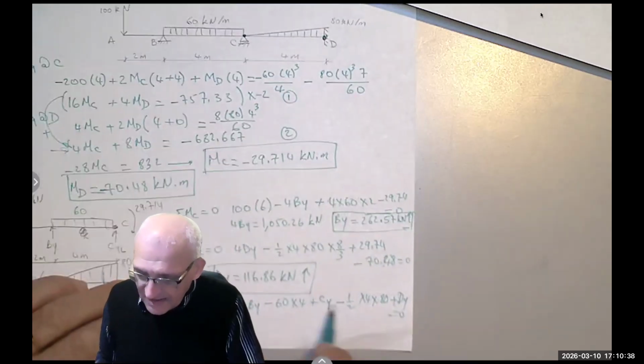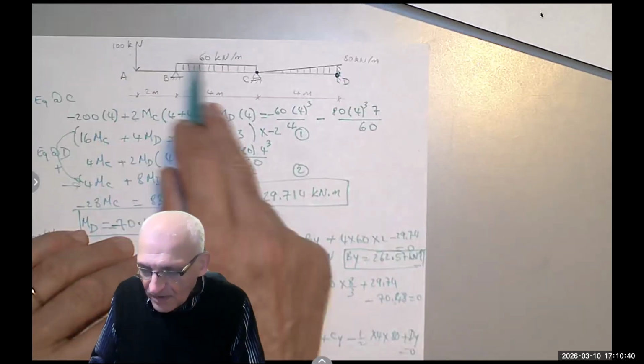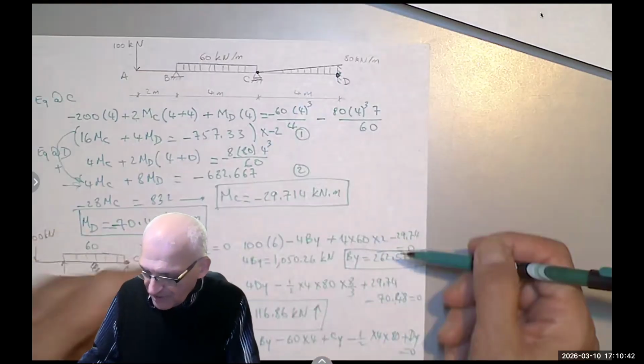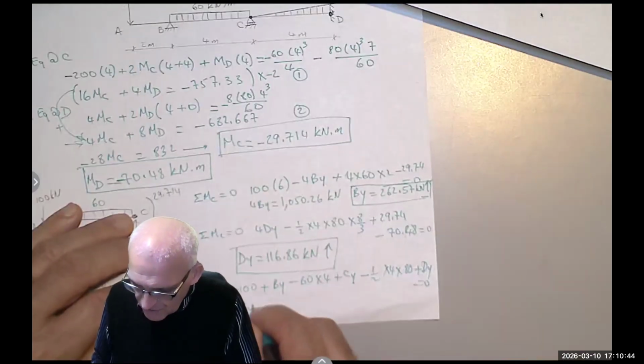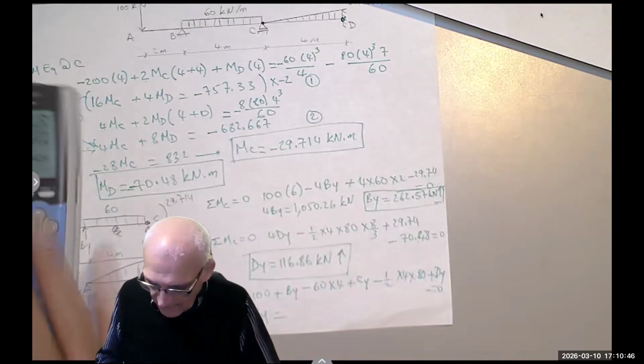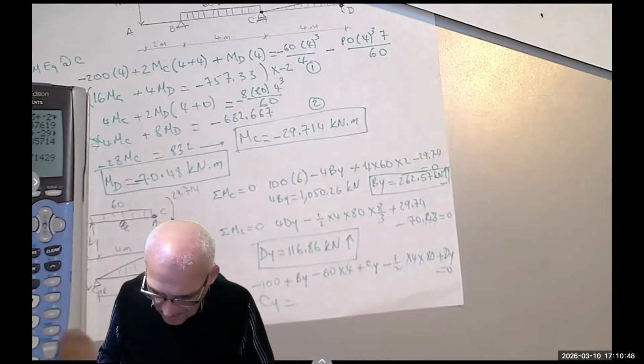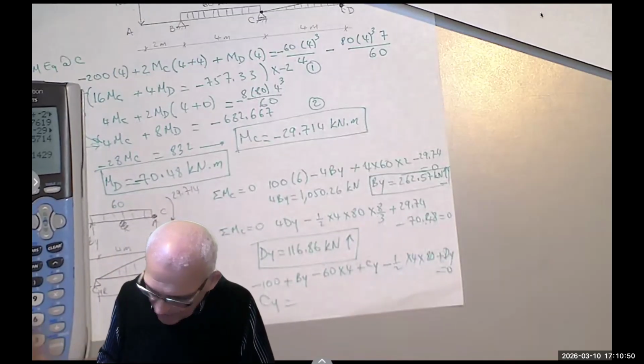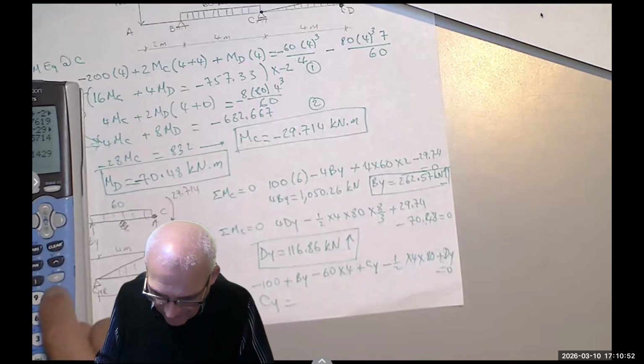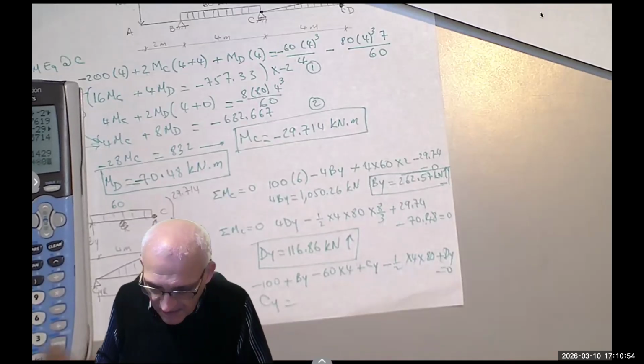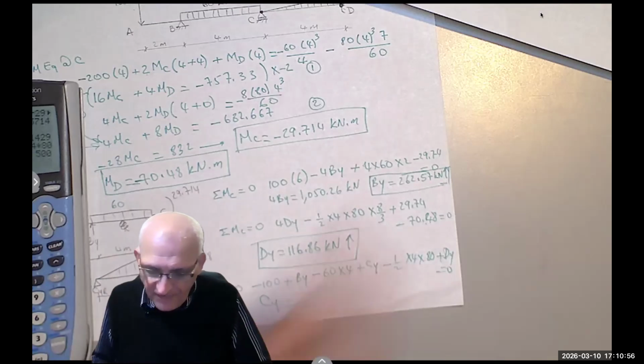So when I calculate cy, I'm going to add all these three and then subtract the reactions, right? So cy would be 100 plus 60 times 4 plus 1/2 4 times 80. And that happened to be 500.